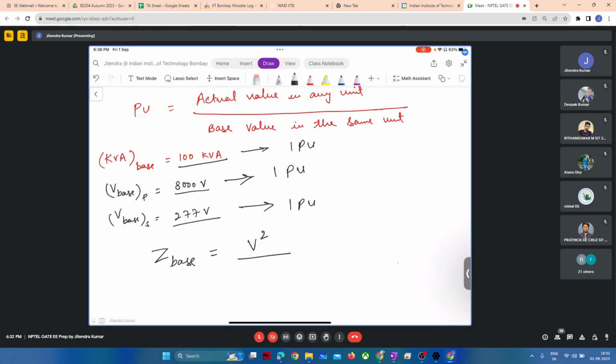V base by I base, but here current is not given, and in many scenarios you will not be provided with the current value. So V square divided by kVA rating or VA rating, whatever you want to say.